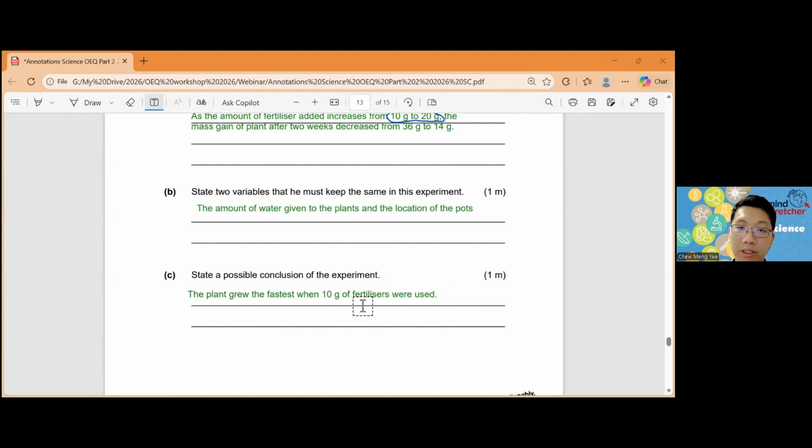Okay, so this is a possible conclusion, right? So identify which is the best amount for the plant growth, or in another type of question could be like the best conductor of heat or what.